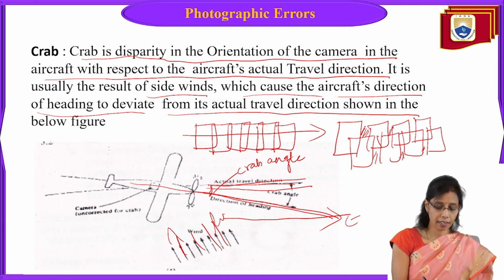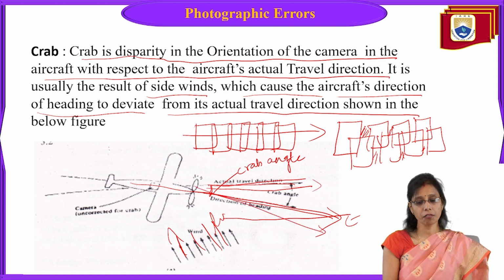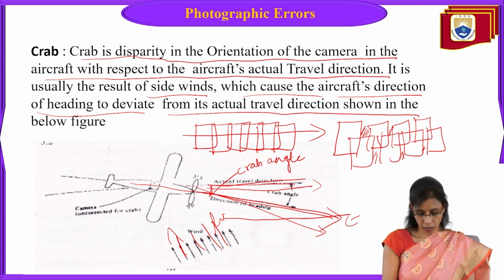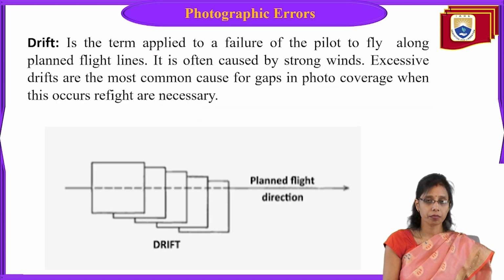If the actual flight line direction is like this, it will go down. The winds, the weather conditions, are deviating the flight from the actual flight line direction. So this is called crab error.